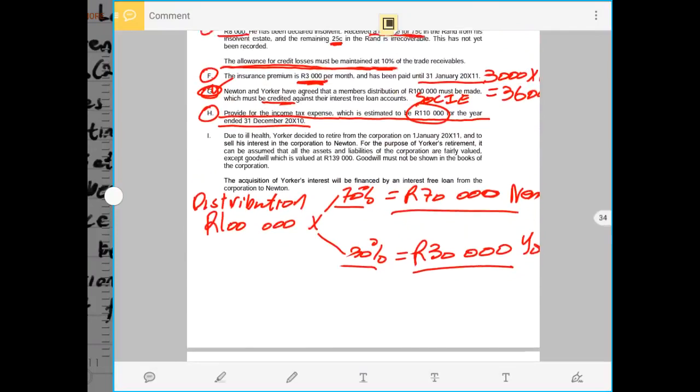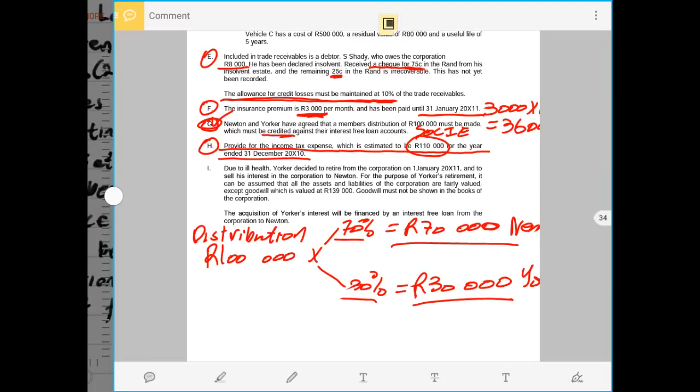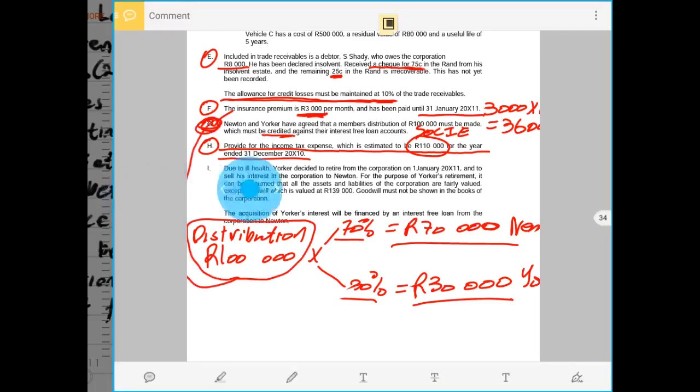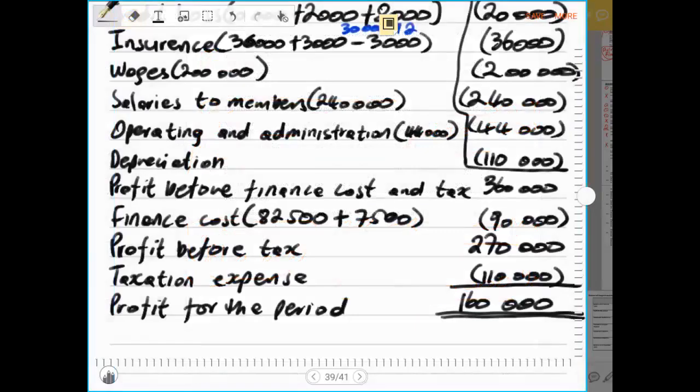There was a transaction that told us that the distribution must be credited against the loan account of the members. This was adjustment number G, and we did the calculations here. These are the calculations where the distribution must be credited against their loan accounts.